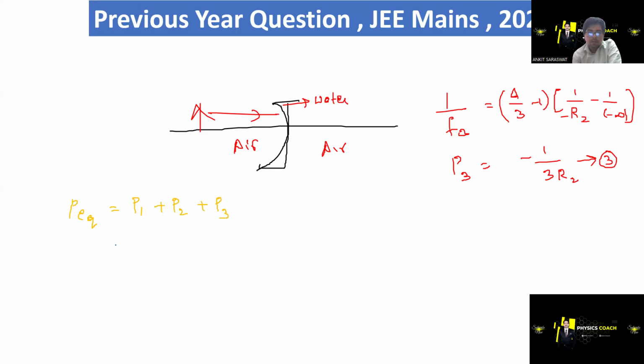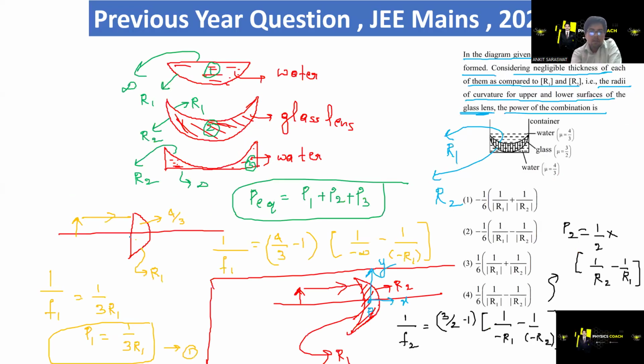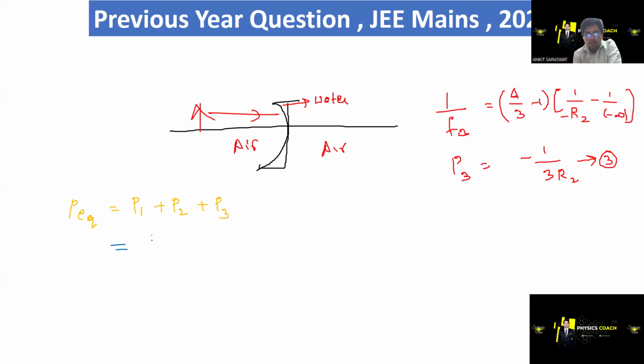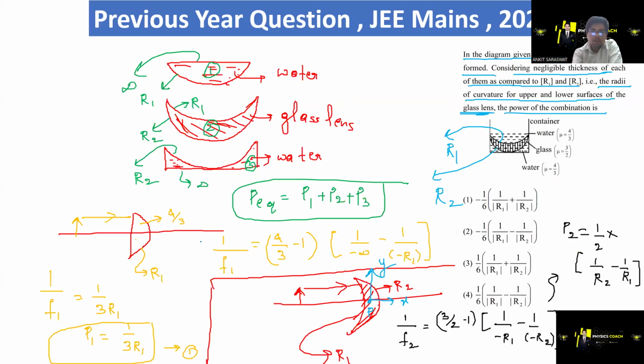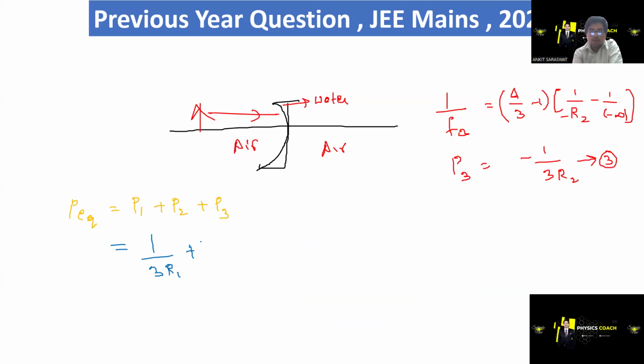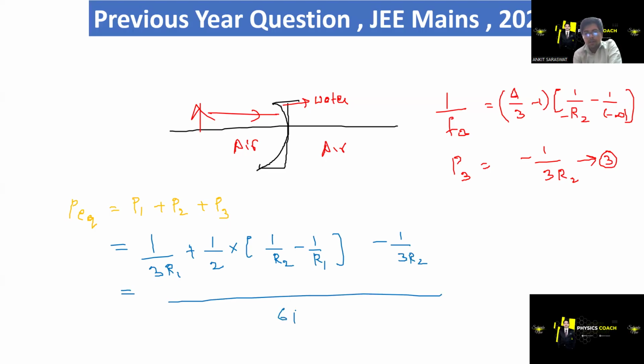Clear? So P1 comes out to be 1 by 3R1. Let's put all the values. Similarly, P2 comes out to be half times 1 upon R2 minus 1 upon R1. P3 is 1 upon like this. So the LCM we will take is 6R1R2.